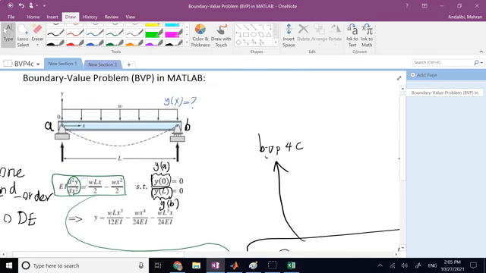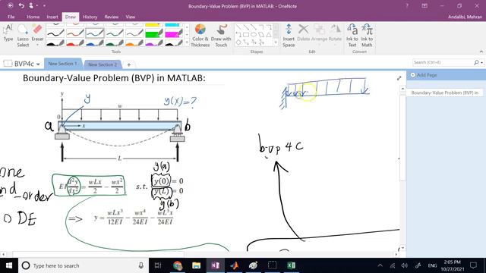For example, if instead you wanted to say, hey, y prime here at the left is 0, of course, for a pivot, it's not going to be 0, but let's say you had a cantilevered beam like this, and you had this constant load of W all over the place, correct?